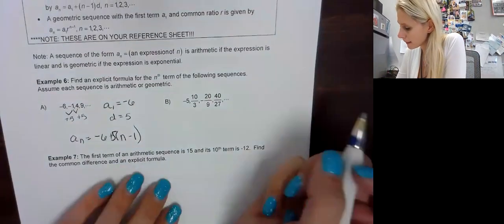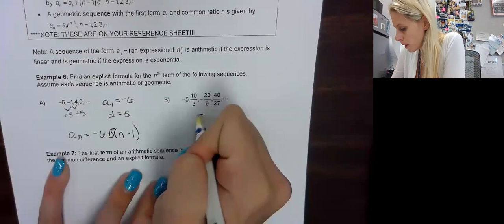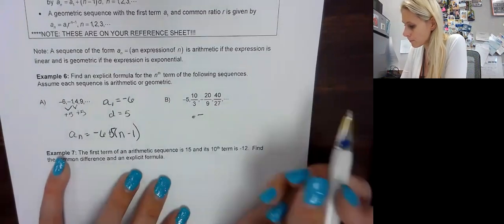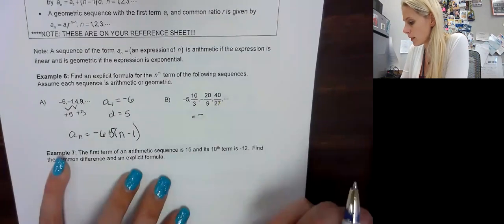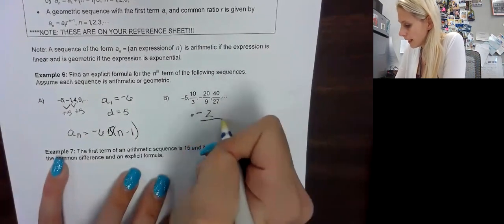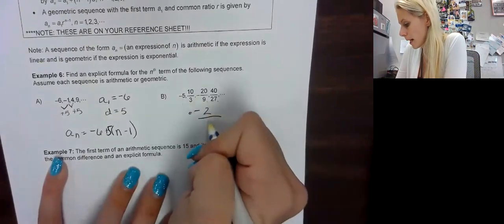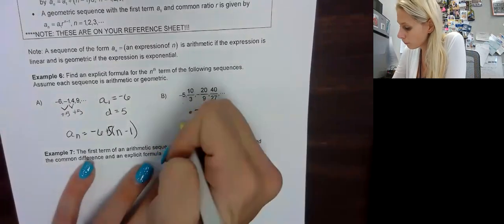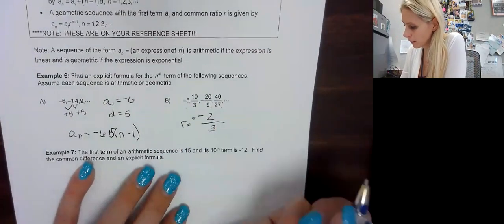Okay, B, what's happening here? First of all, it's alternating. So I know I'm multiplying by a negative. Well, 5 to 10 to 20 to 40, what am I multiplying by? I'm multiplying by 2. And on the bottom, I go 1, 3, 9, 27. So I'm multiplying by 3. So my common ratio is -2/3.